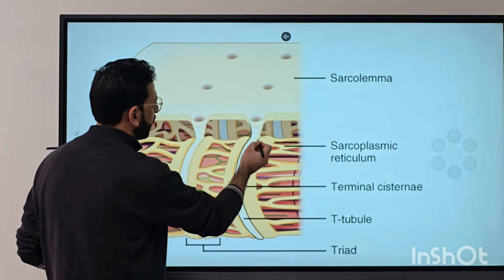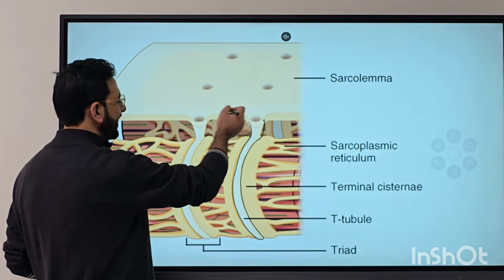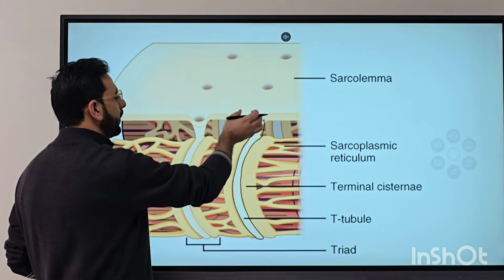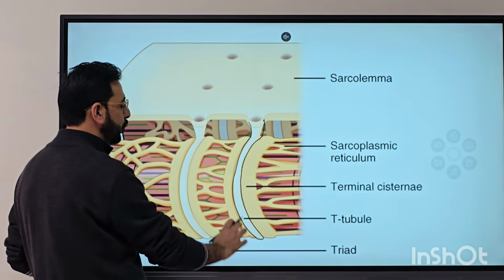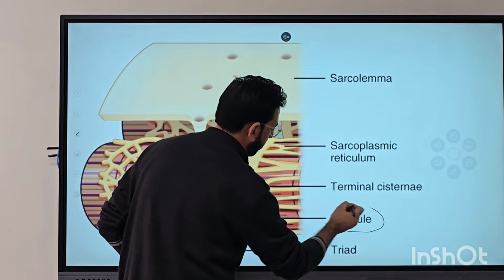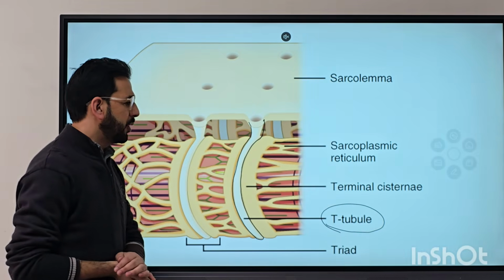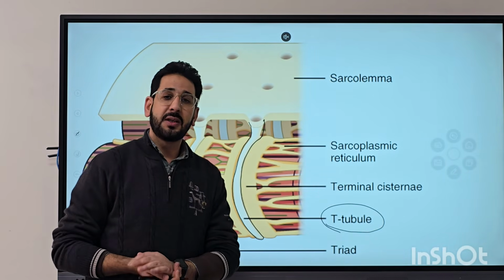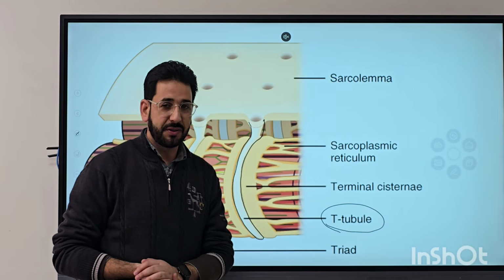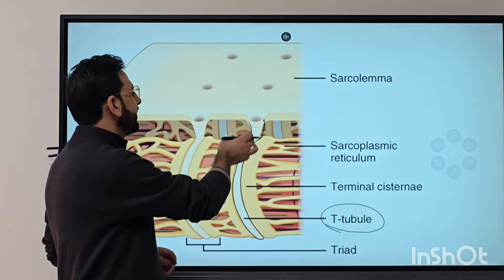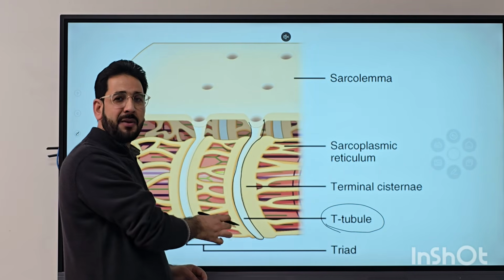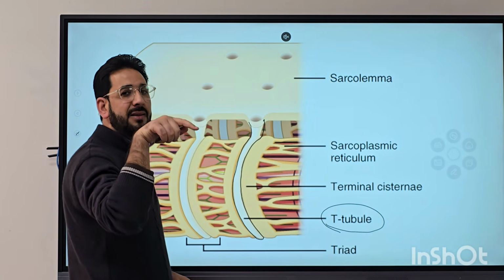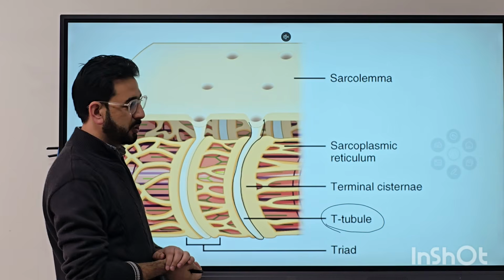They are going deep, and that tube is called the T-tubule. You are going to know about the importance of this T-tubule when we talk about the physiology of muscle contraction. But here I am telling you that there are invaginations in the cell membrane, and these invaginations form a tube-like structure called the T-tubule.